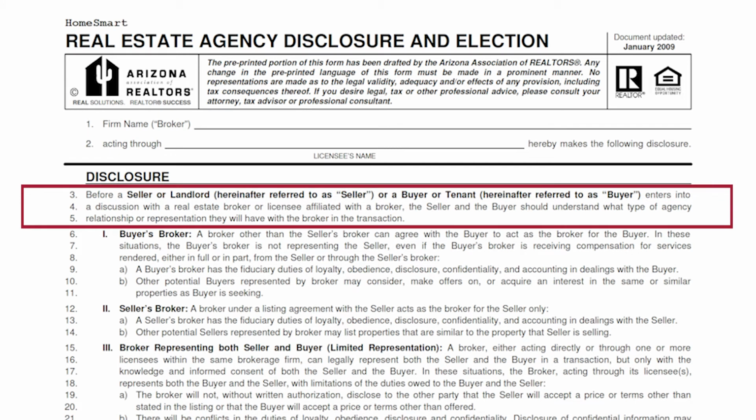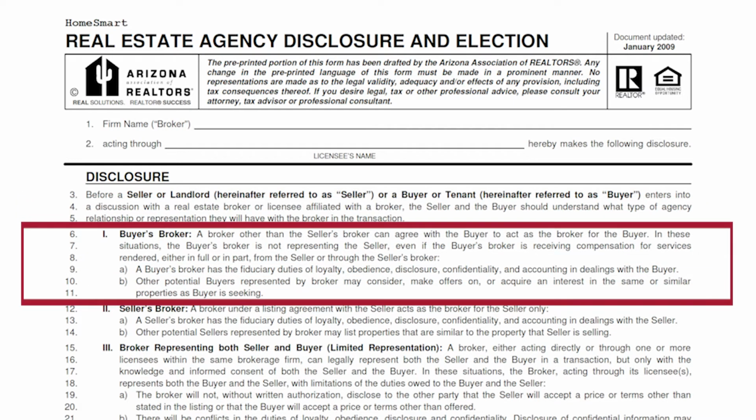Lines 3 to 5 are intended to advise your clients on the importance of understanding agency relationships or representation before they enter into any agreement with you. Lines 6 to 11 discuss that an agent, other than the listing broker, can represent a buyer. This information goes on to state that the buyer broker may be receiving compensation or commission, as we know it, from the seller or the seller's broker.